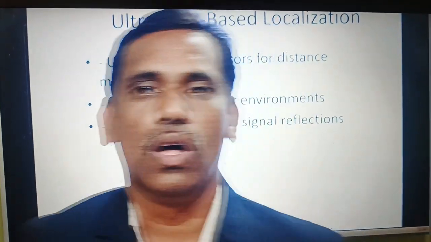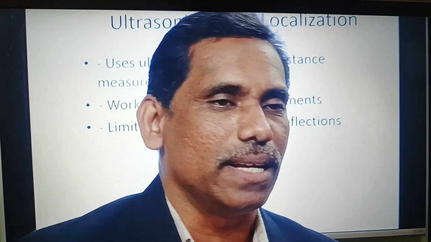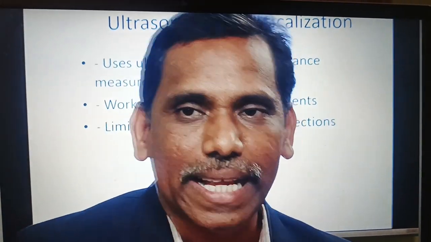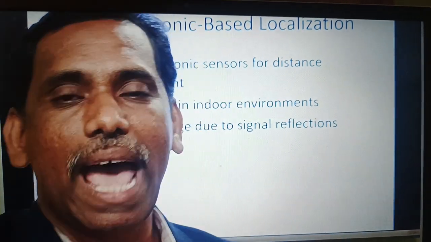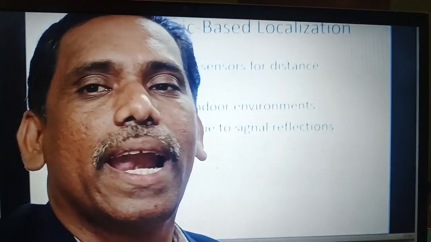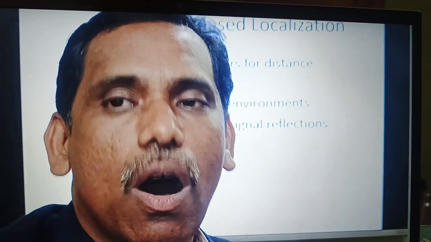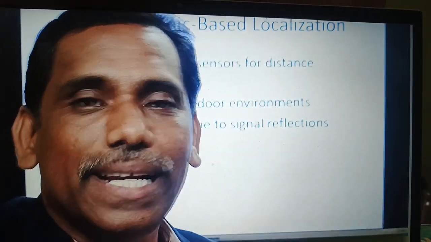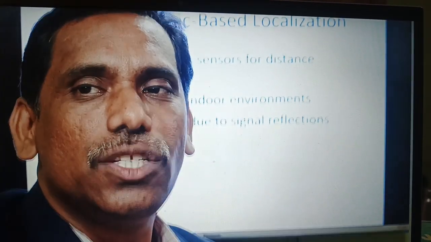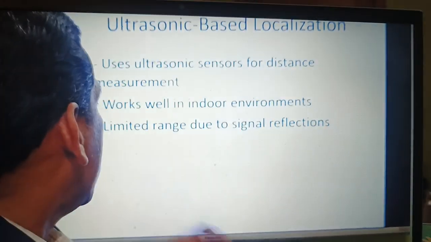So the introduction of GPS, the Global Positioning System: localization is a satellite-based navigation system that provides the precise location of an object or a person. It's widely used in navigation, autonomous vehicles, and geolocation services.